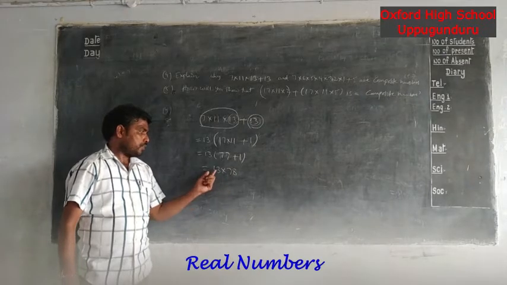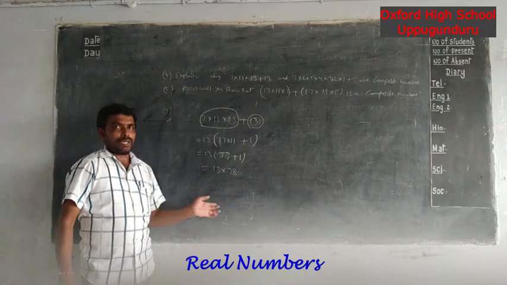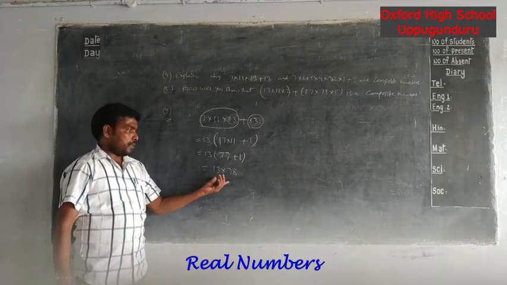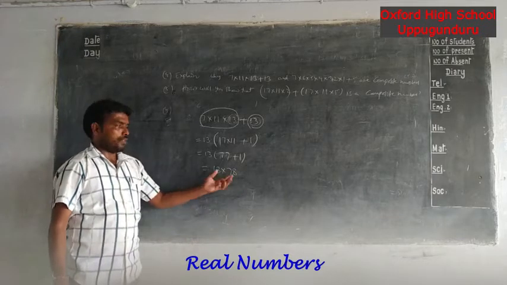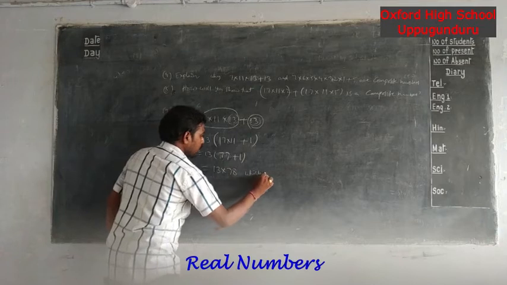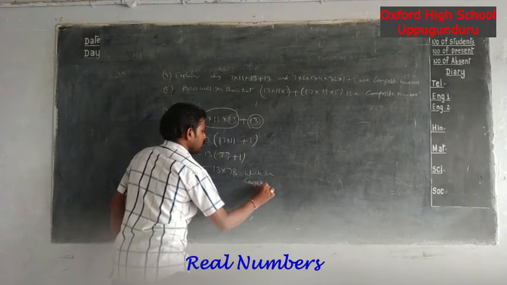For that value, 13 is a factor, 78 is also a factor, 1 also a factor, and that number also a factor. So for this number, more than 3 factors are there. So we can say it is a composite number.